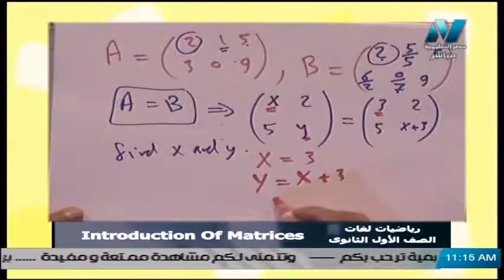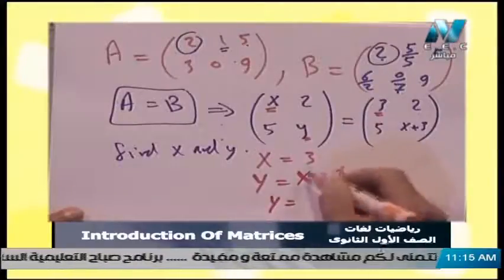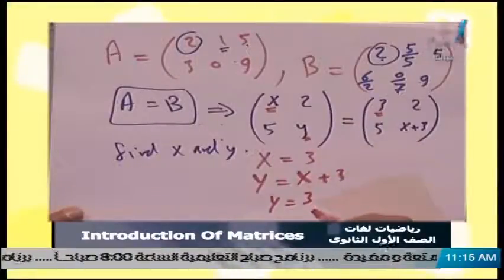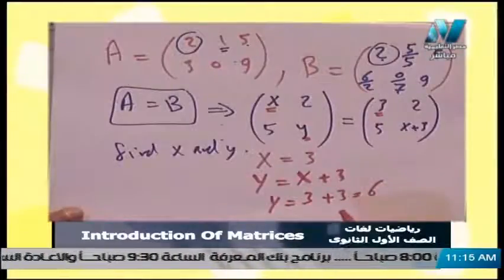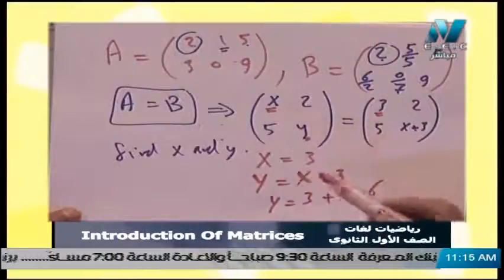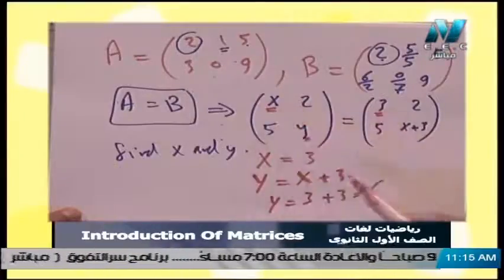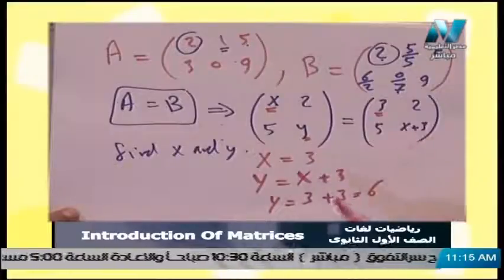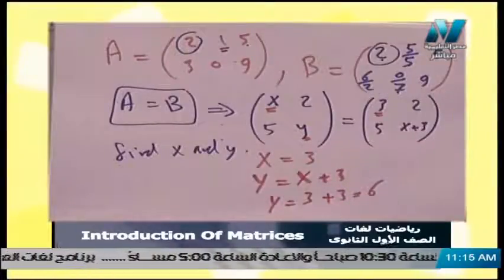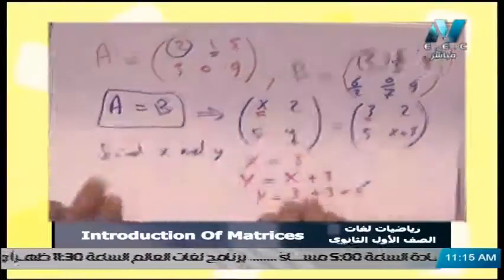So we substitute 3 plus 3 equals 6. So x equals 3 and y equals 6.